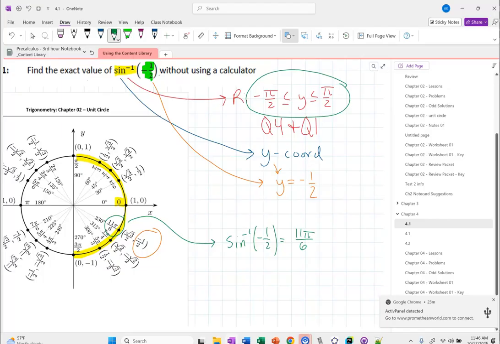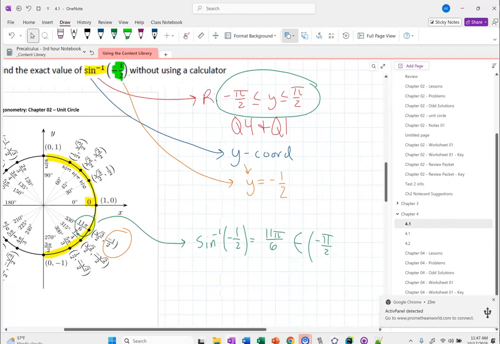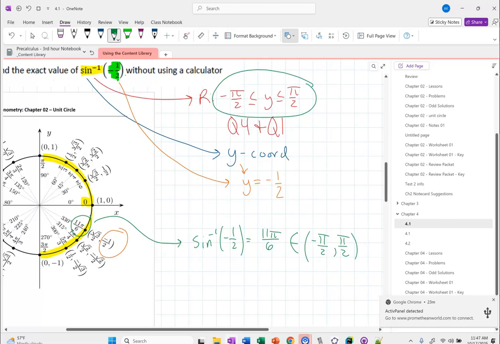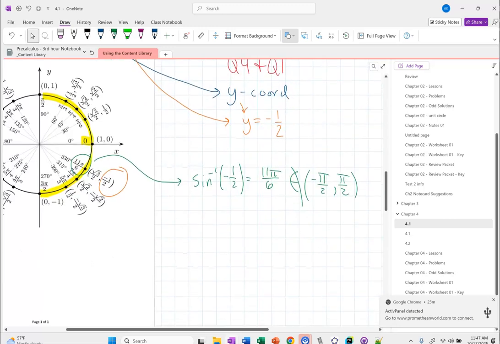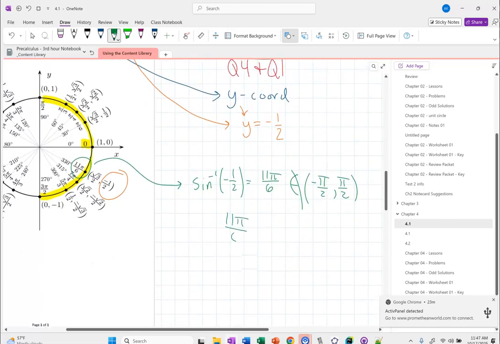Is my answer 11 pi over 6 too big or too small? Too big. So should I be adding 2 pi or subtracting 2 pi? Subtract. So my problem is that this is not in there. So I'm going to take that 11 pi over 6 and subtract 2 pi.